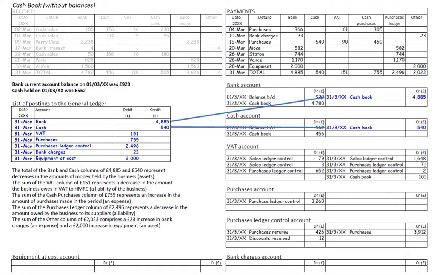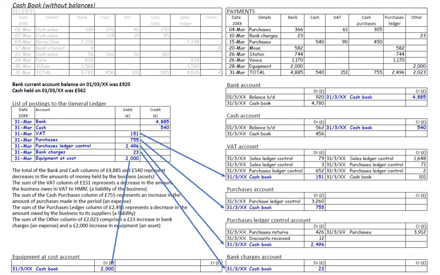Now, in terms of descriptions that I'm going to use in my general ledger accounts, I'll just use cash book, in the same way that I used the term cash book when we were looking at posting receipts into the general ledger. Likewise, I'll do the same when I'm recording all of the different debits. And that is how we post information from our cash book payments into the general ledger.